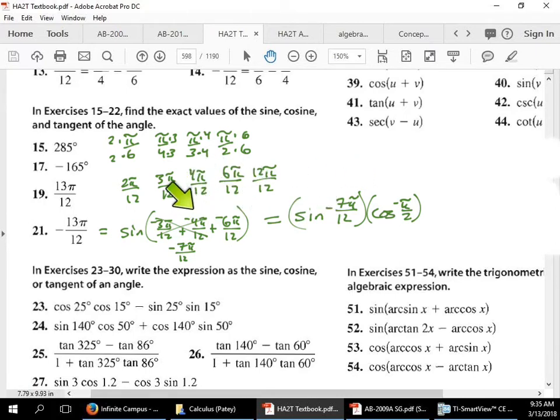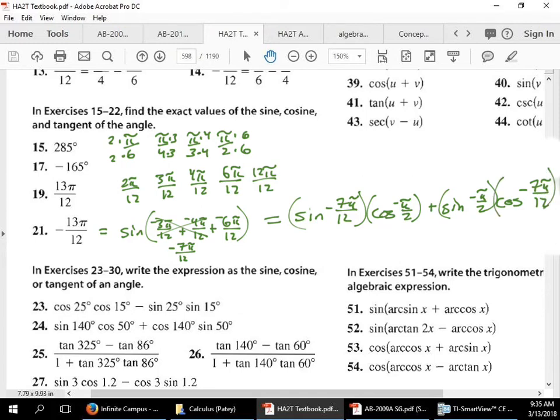And because I just made these negative, I'm going to keep my plus sign, so I'm going to go plus here: sine of negative pi over 2 times cosine of negative 7 pi over 12. Oh man, this is hideous.